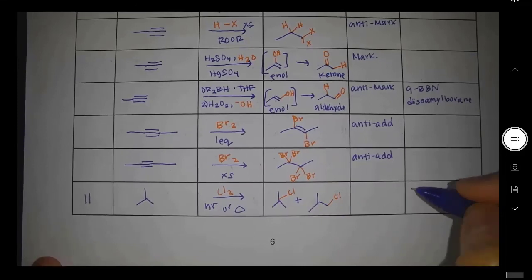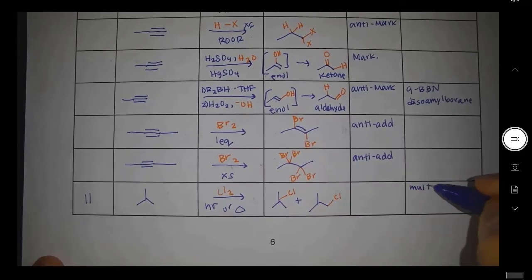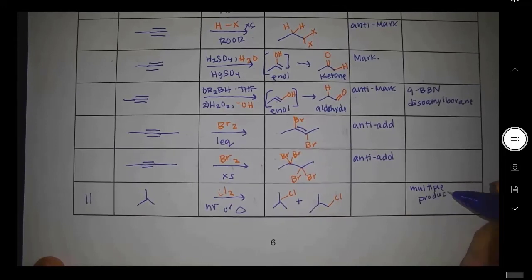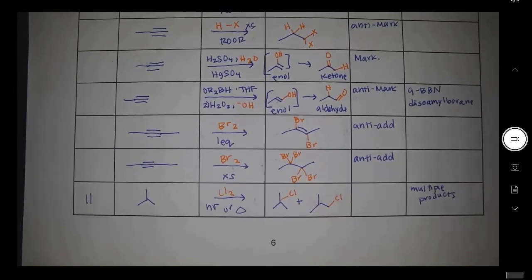It's going to result in multiple products. So this is why CFCs can be dangerous, because those chlorines can react with a lot of different things. So we'll get different products with the chlorine. It's not very controlled. It just kind of attacks anything that it wants to attack.